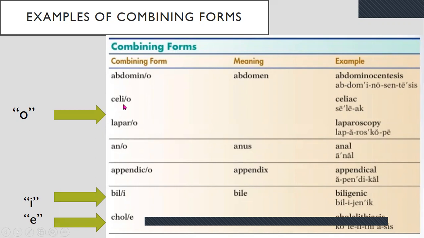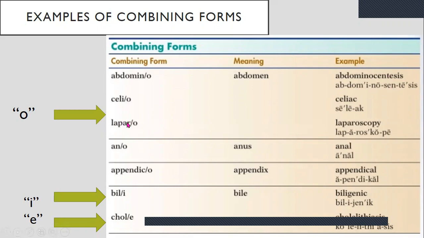Again, we have celi, we're going to add the O, celiac. Now notice that ac is our suffix, and the A in ac is a vowel. So we're going to drop the O, and we're just going to keep the vowel, celiac.